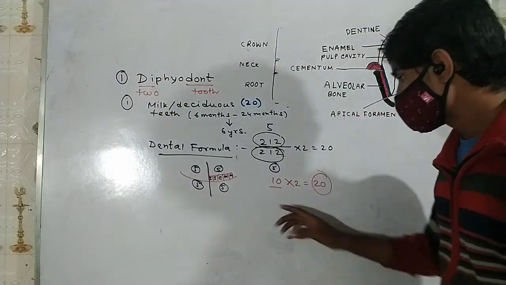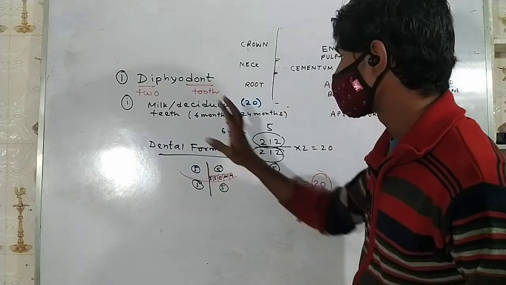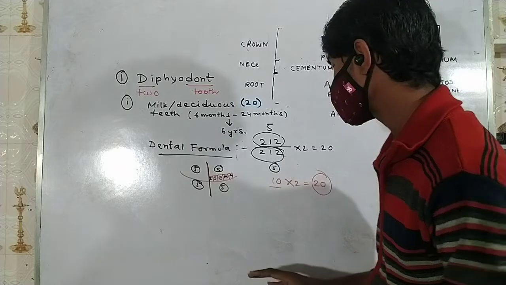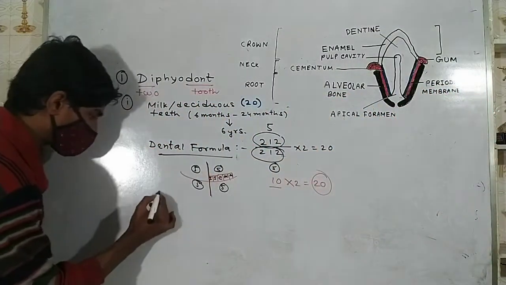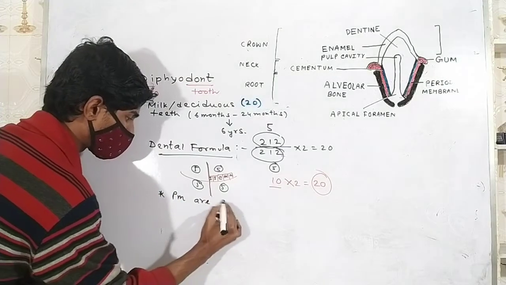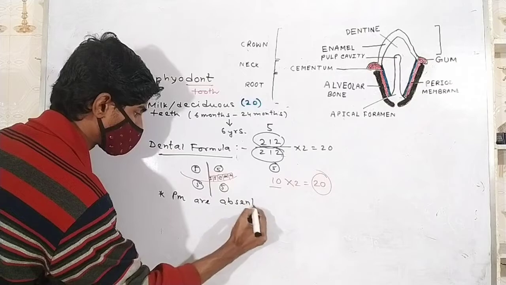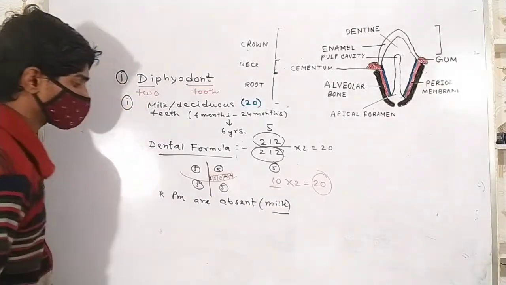Now you can see that there are no premolars present in the milk or the deciduous teeth. This is a very important thing. Premolars are absent in milk or deciduous teeth.